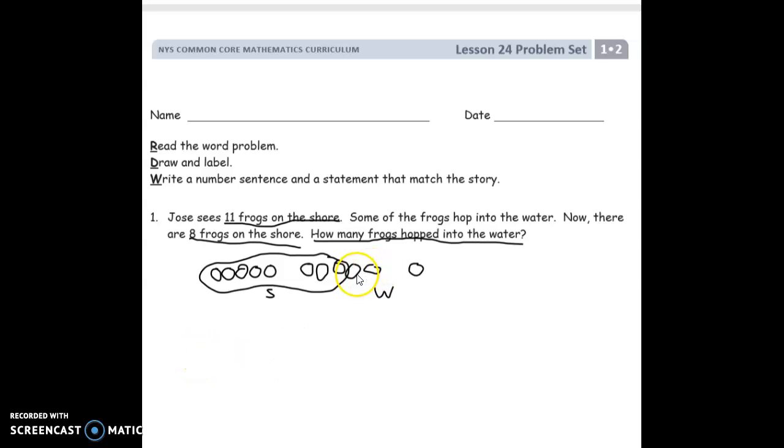Yeah, I think I'm counting 3. Let's count together. 1, 2, 3. So 3 what? 3 frogs. If you don't know how to spell frogs, it's underlined in your question. 3 frogs.